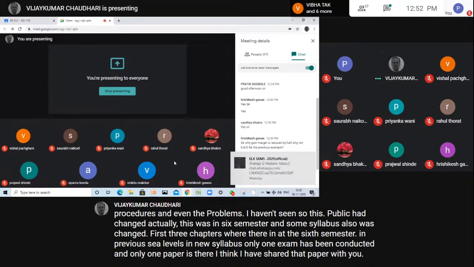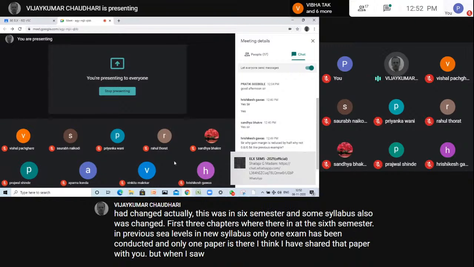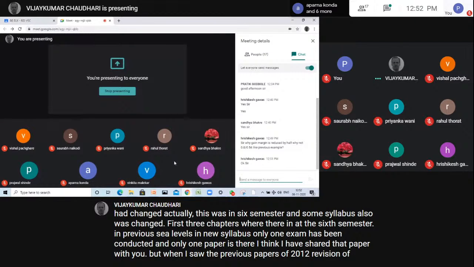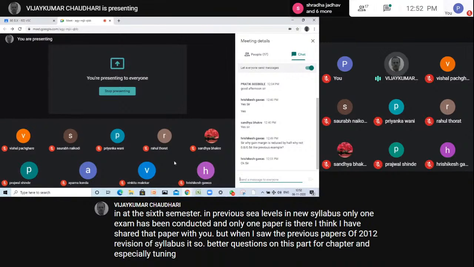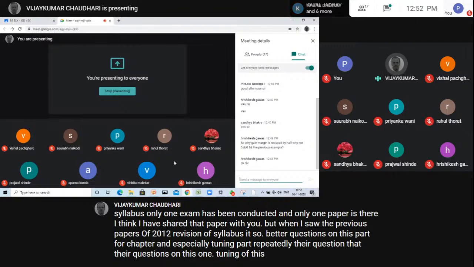But when I saw the previous papers of the 2012 revision of the syllabus, there were questions on the third chapter, and especially the tuning part. Repeatedly there were questions on tuning methods.